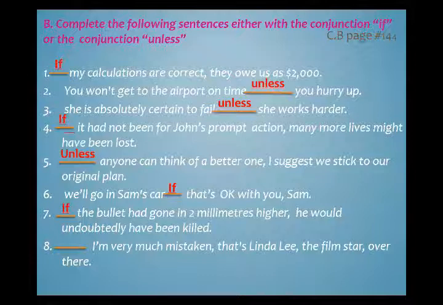It means we have used the conjunction if. Number eight: unless I'm very much mistaken, that is Linda Lee, the film star over there. So we have used unless as a conjunction.